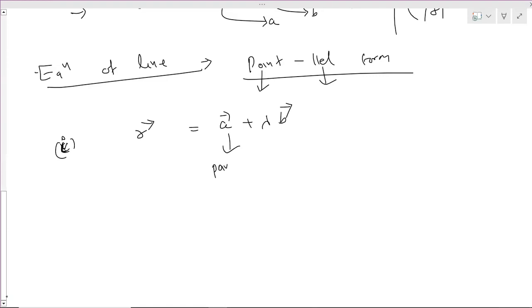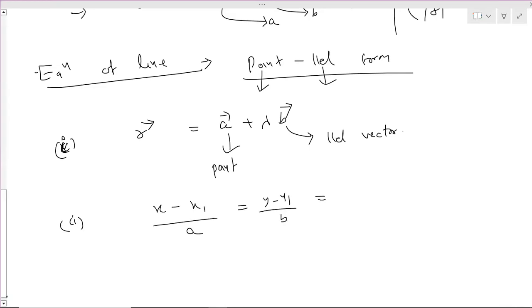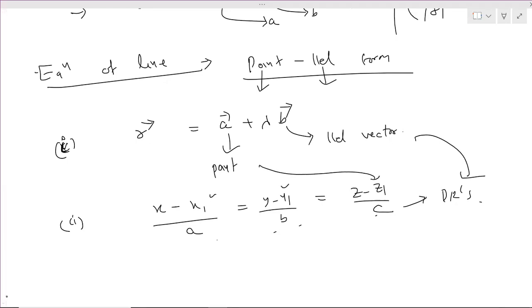This is the point and this is the parallel vector. You know all of this from CBSE. In Cartesian format, we write (x minus x1) upon a equals (y minus y1) upon b equals (z minus z1) upon c, where a, b, c are direction ratios of the parallel vector, and x1, y1, z1 is the point.